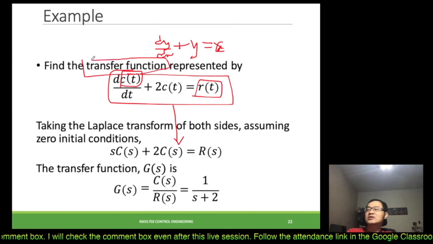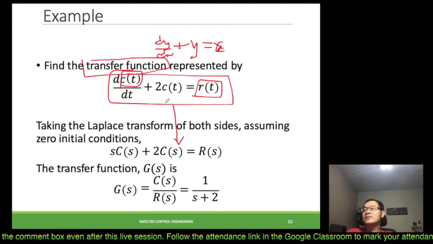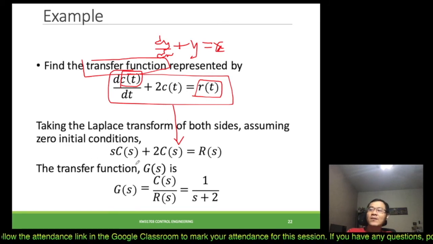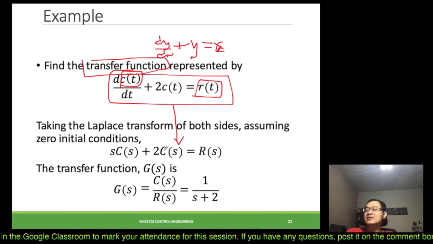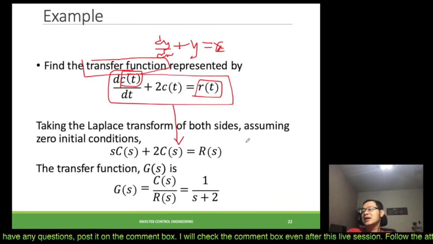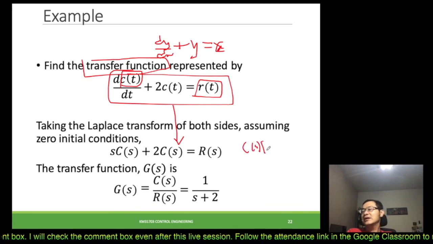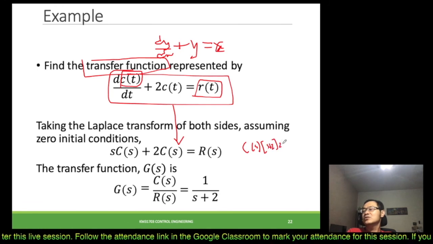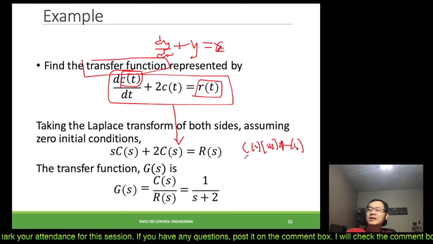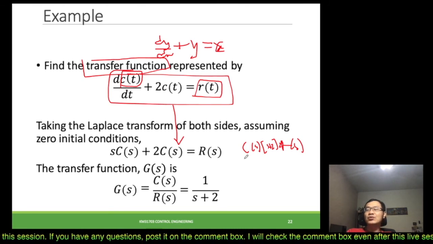When we try to solve for the transfer function, we just have to transform each of these terms into the Laplace form and then group them together. So here you will see sC(s) + 2C(s), which you can group as C(s)(s + 2) = R(s). Now, what would be our input and output?